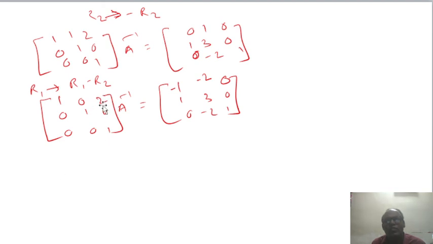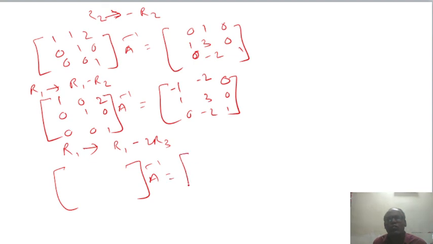See here, R1 is replaced by R1 minus 2 R3. This comes out 1, and 1 minus 2 into R3 0. This is 1, 0. 2 minus 2 is 0. 0, 1, 0, 0, 0.